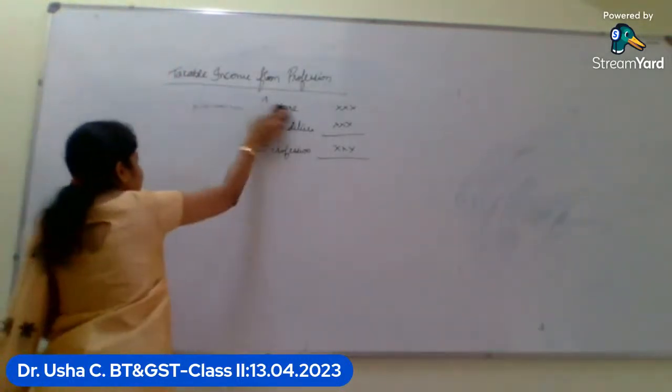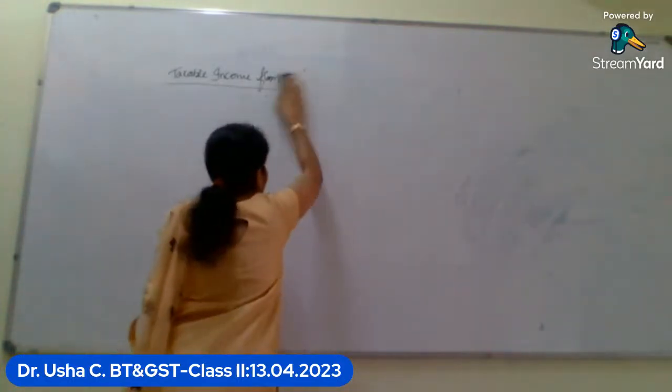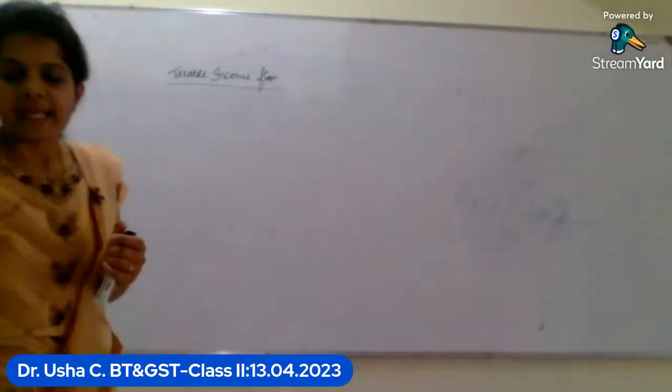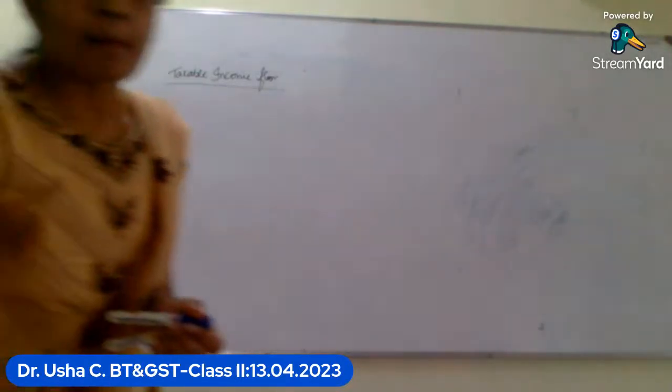Now let us discuss a very important aspect of taxable income, that is taxable income from business.